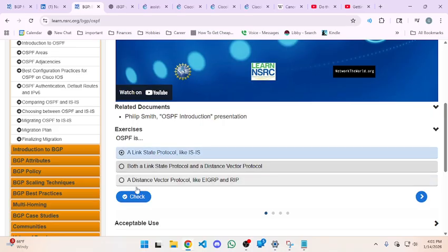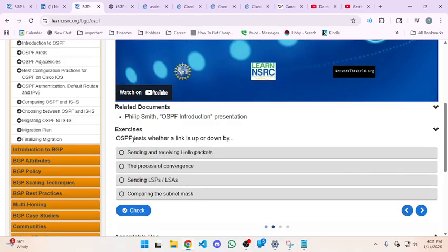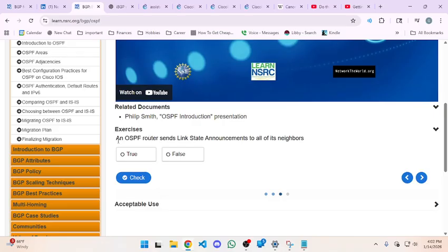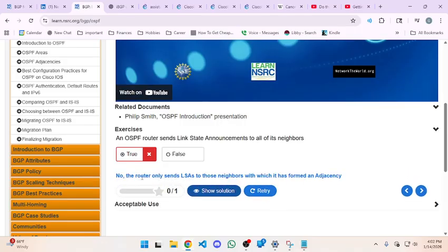Okay, so OSPF is a link state protocol like ISIS. True. OSPF tests whether a link is up or down by sending and receiving hello packets, of course. An OSPF router sends link state advertisements to all its neighbors. True.